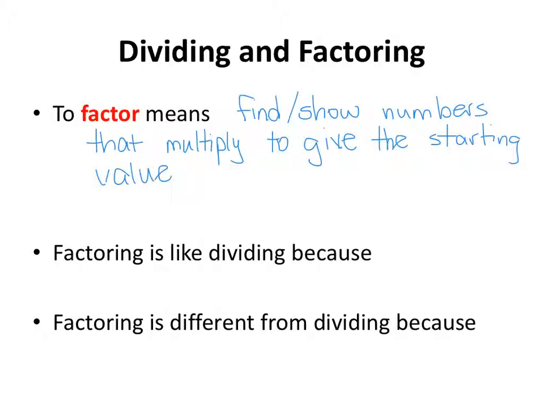Factoring is like dividing because we can think of factoring as trying to undo multiplying. Factoring is different from dividing because dividing will actually change the value and factoring does not change the value.